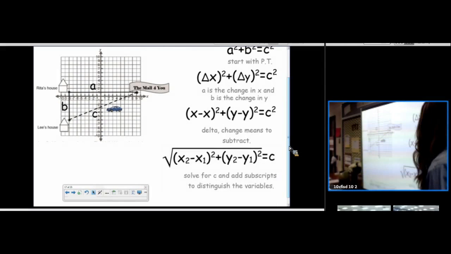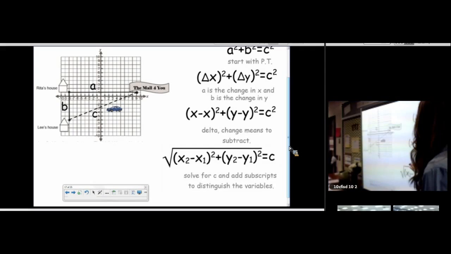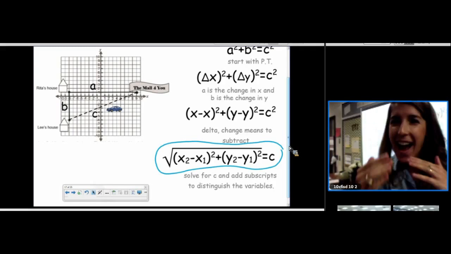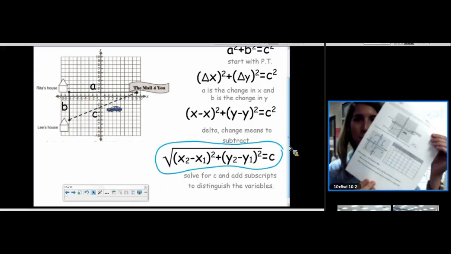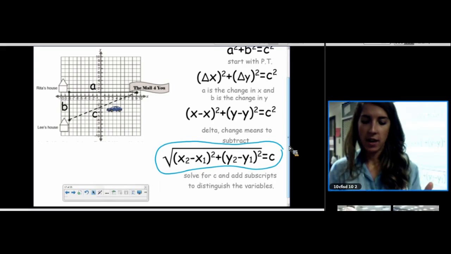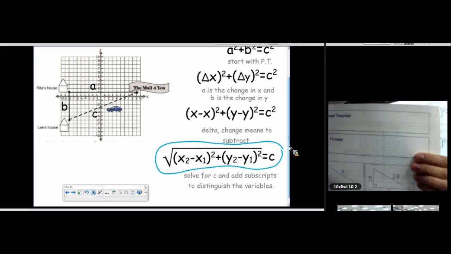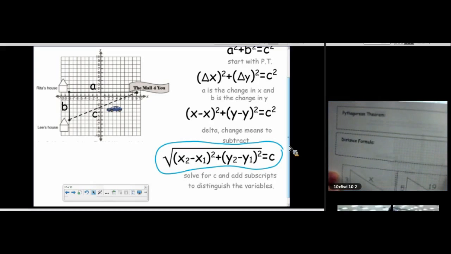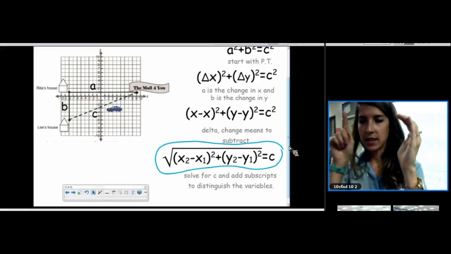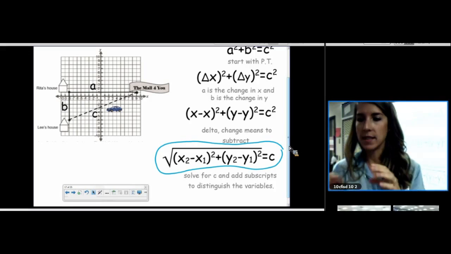And this right here, my friends, is the distance formula that we kind of derived by working on this. So, write it down over here, right here, the distance formula, the square root of x minus x squared plus y minus y squared.